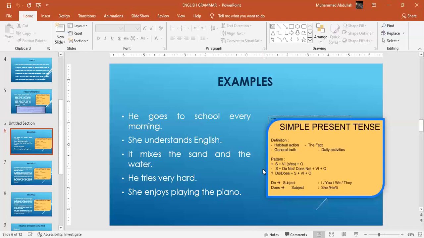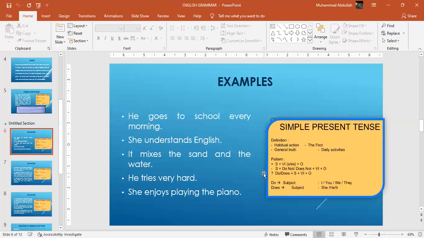verb plus object. Now let's change the same sentence into the third category, that is the interrogative sentence of present simple tense. How are we going to deal with it? First, we have to place the helping verb does in the beginning to make a question, right?